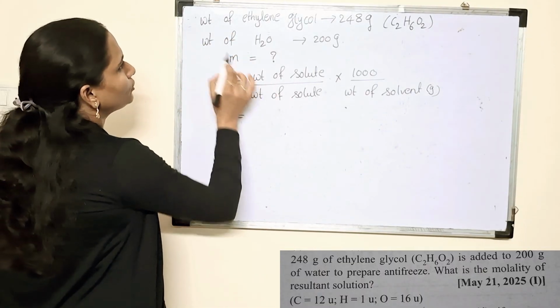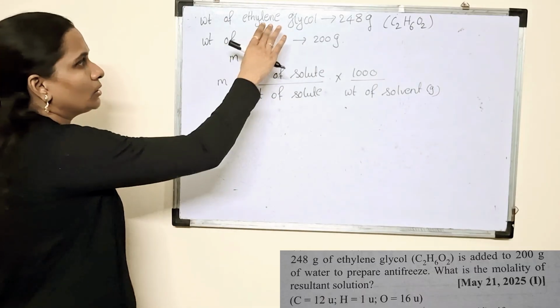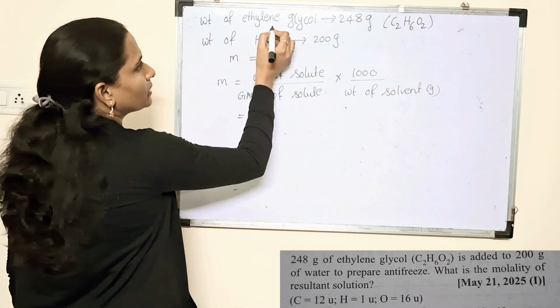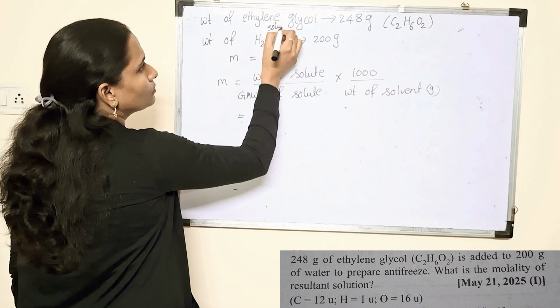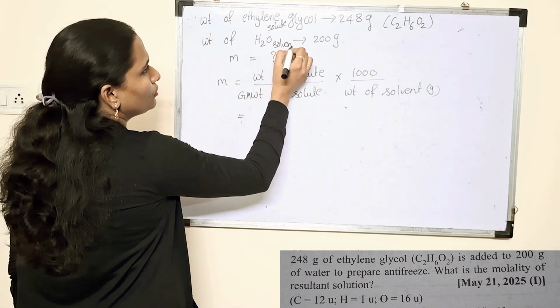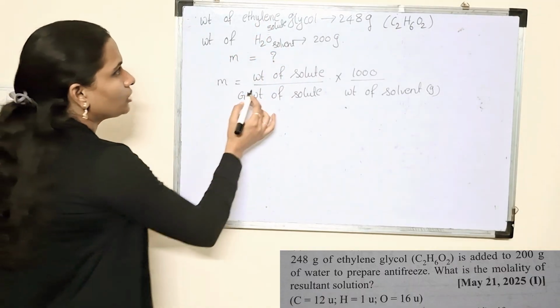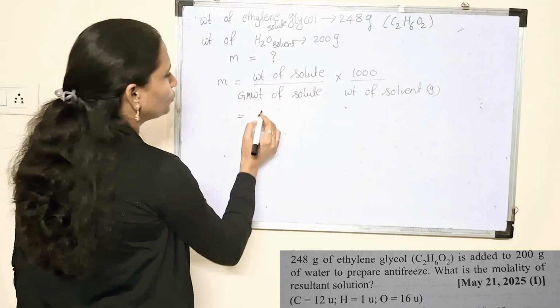Now, weight of solute. Here ethylene glycol is added to water, so ethylene glycol acts as the solute and water acts as the solvent. Why? Because ethylene glycol is added to water. Weight of solute, how much did they give? 248 grams.